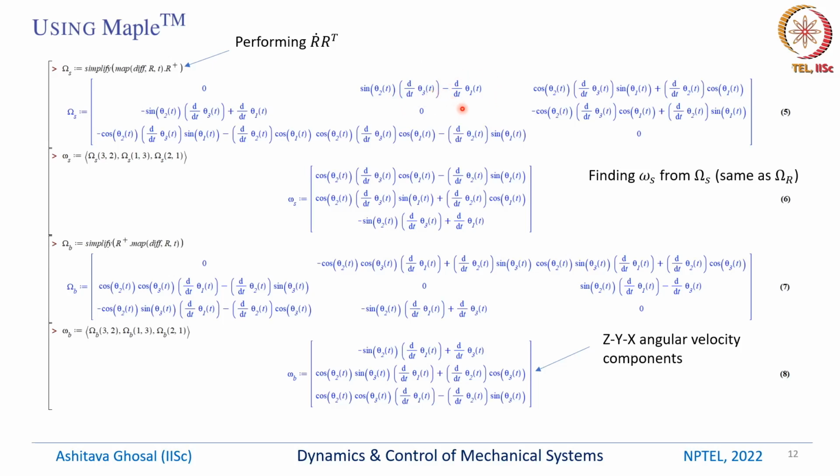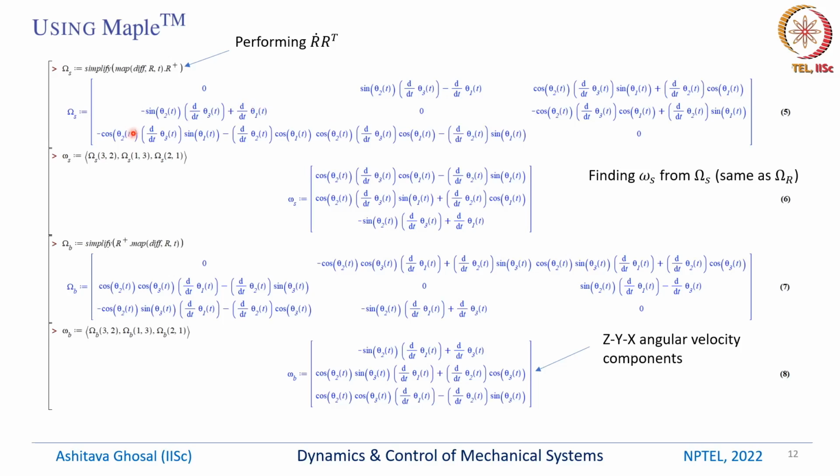This is minus d by dt of theta 1 as a function of time, so this quantity is theta 1 dot. This is minus sine theta 2 theta 3 dot plus theta 1 dot, and these two terms, aij, are the same as minus aji.